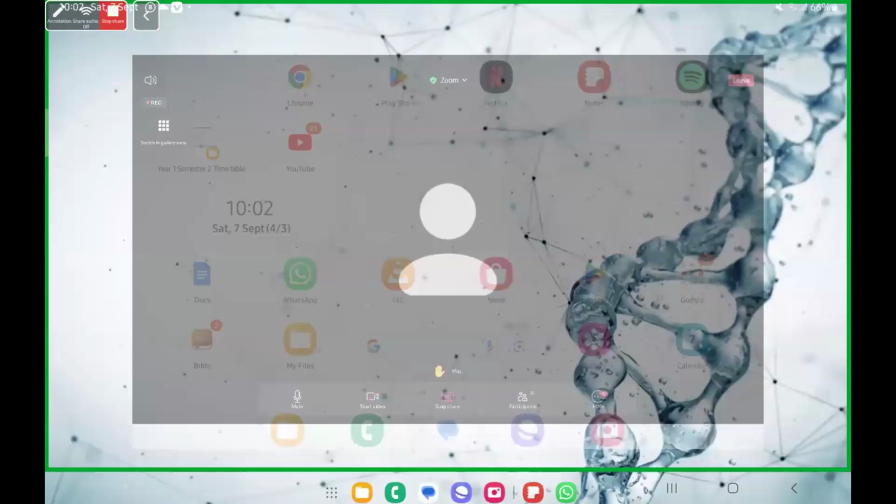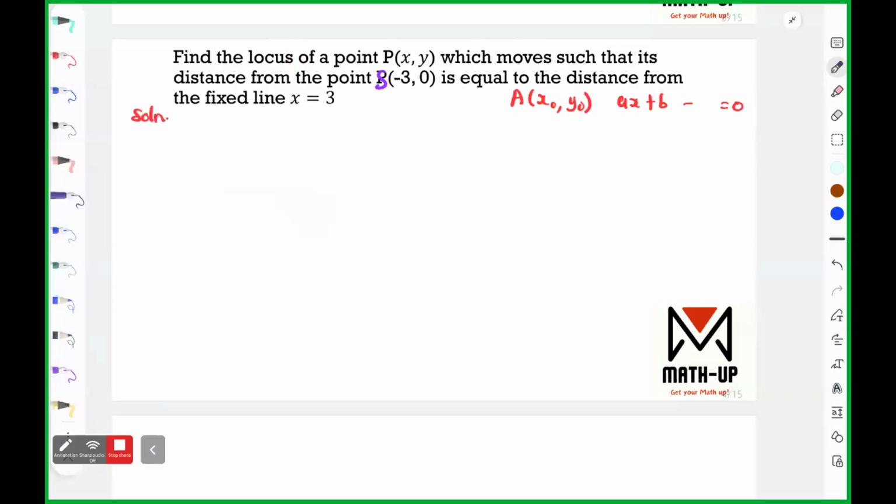All right, let me go through this very fast. The formula is in the logbook. We cannot derive it right now because of time factors.